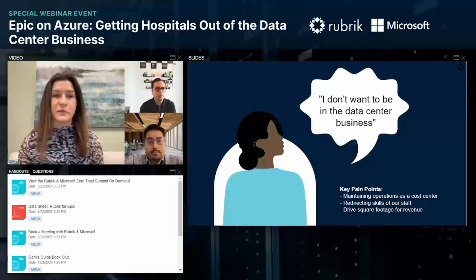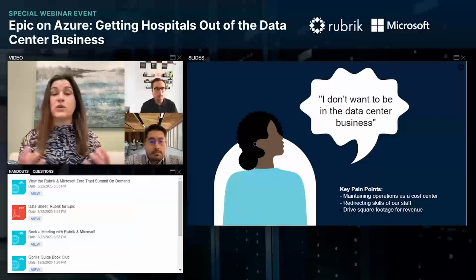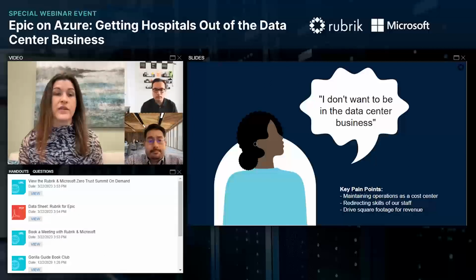And so I'd love to hear from you first, some of the other pain points, and as you unpack that, what else are you hearing that others on this call may be experiencing as well?